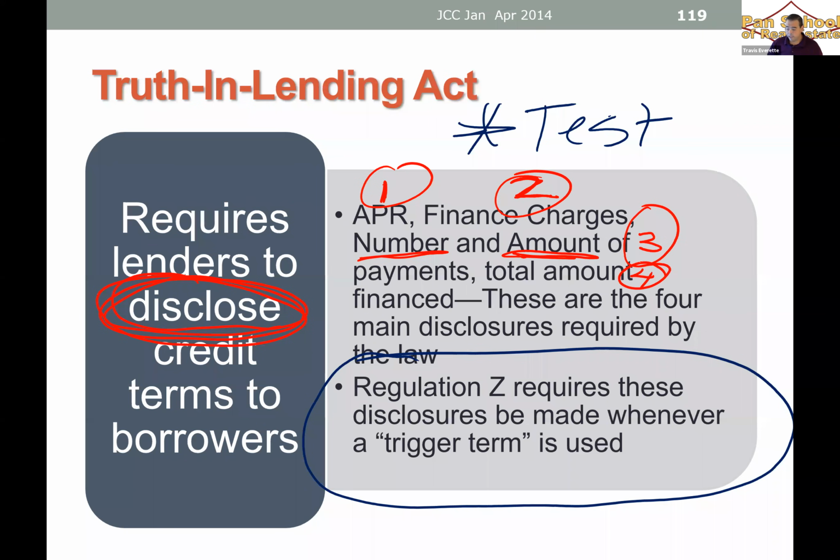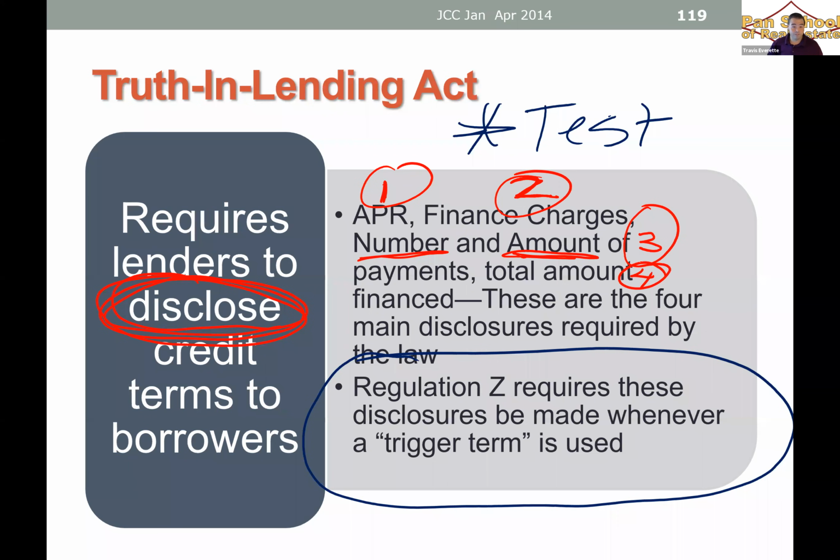So why are you teaching me this stuff as a real estate agent? I'm not a lender. I'm not advertising loans. I'm not giving people loans. Why do you make us learn this? Here's why. The federal government has a very broad definition of what advertising a loan looks like, and sometimes we get sucked into that definition and we are not exempt.